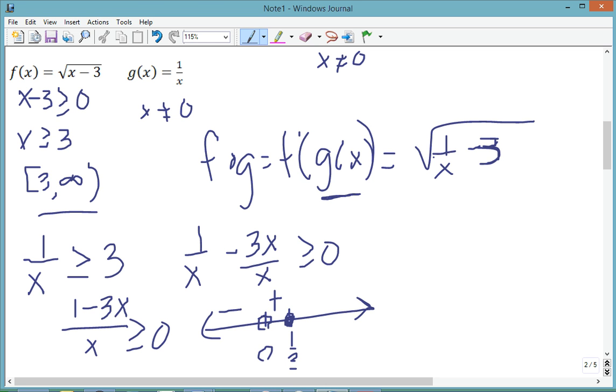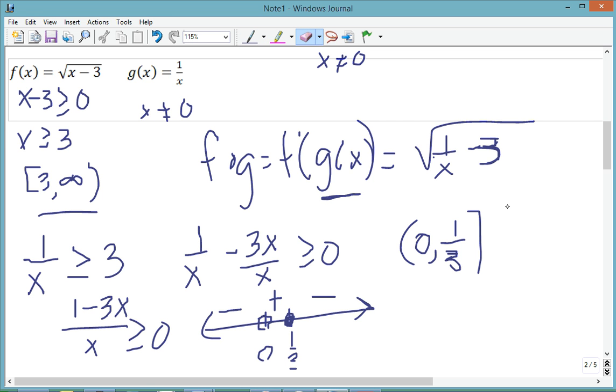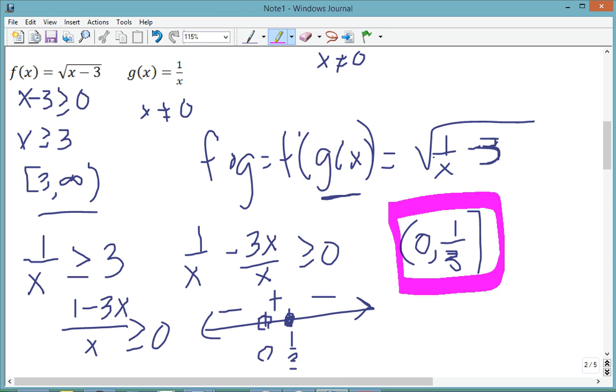And then, of course, bigger than 1/3, say like at 1, I would get a negative on top, positive on the bottom. So the only place that this works is from 0 to 1/3 inclusive, right? So that is my domain. That is my domain of this composite function.